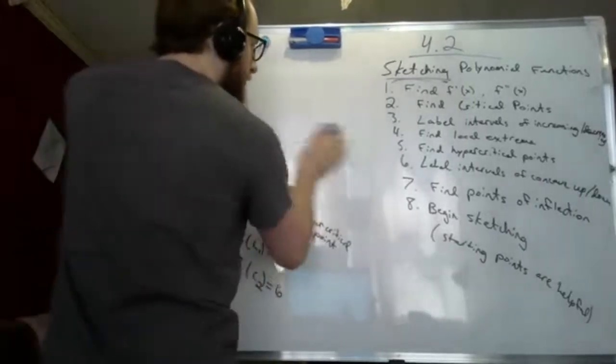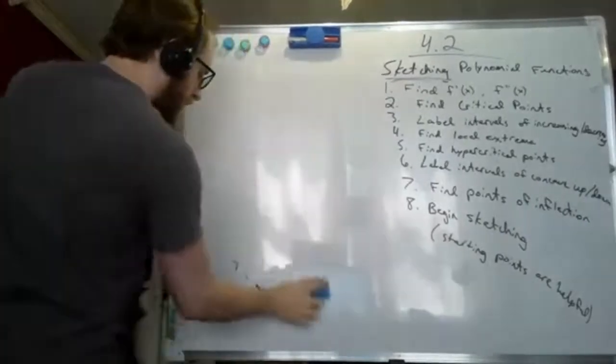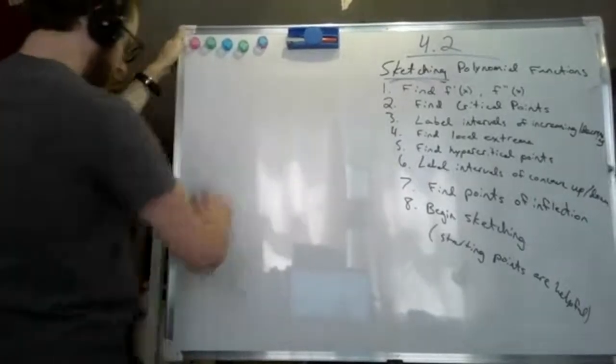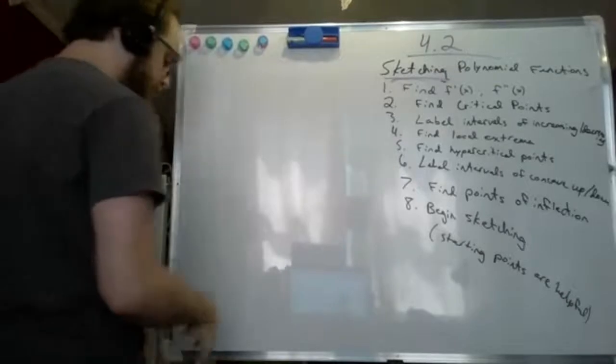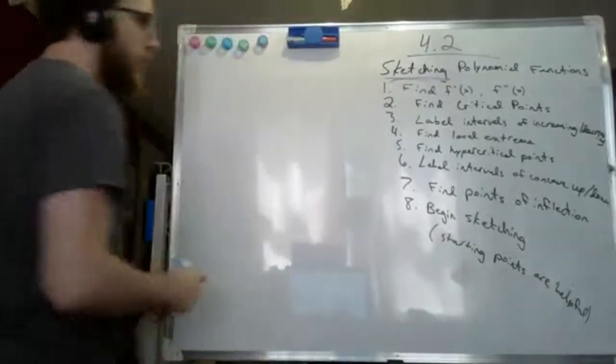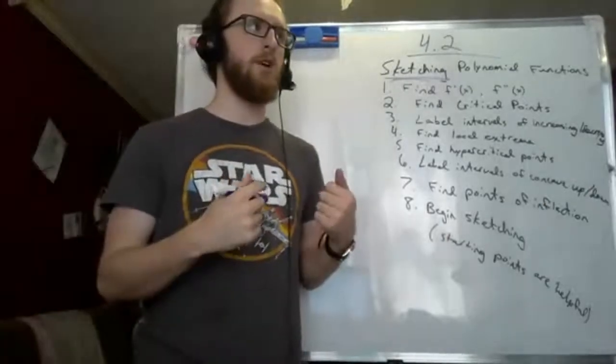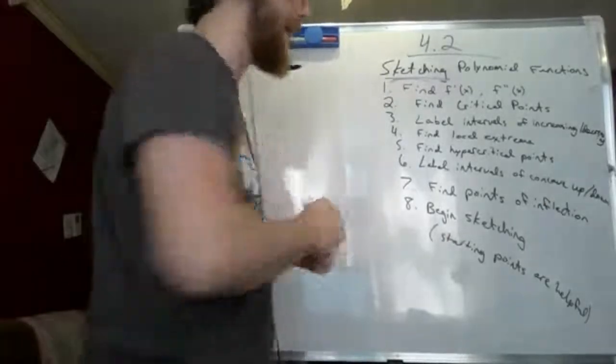I should also note, so in that last one, the questions we had about the sketch were, we don't know where it crosses the x-axis. We also didn't know where it crosses the y-axis.